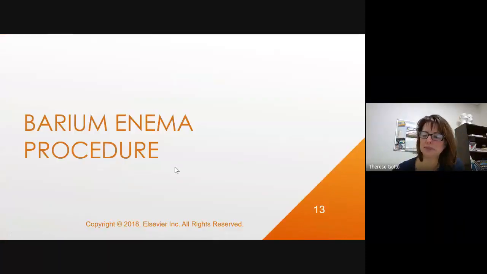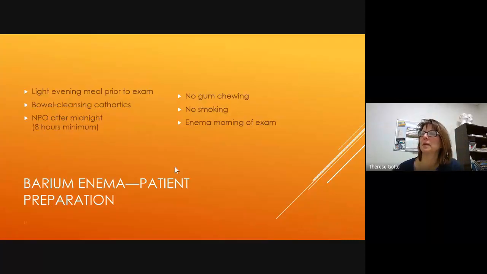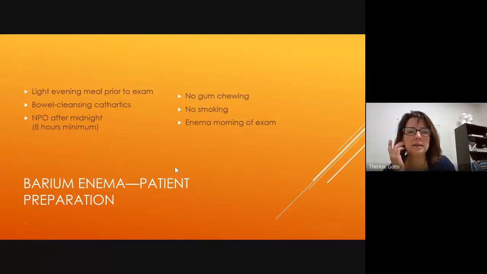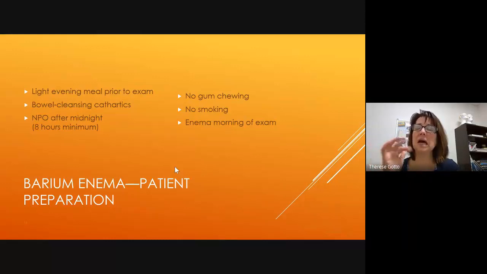Okay, so BE procedures. They're allowed to have a light evening meal prior to the exam. Now, if anyone's had a colonoscopy, that is not recommended eating the day before your exam. Matter of fact, you need to have a pretty strict regimen of Jello, broth, so only light non-solids the day before.